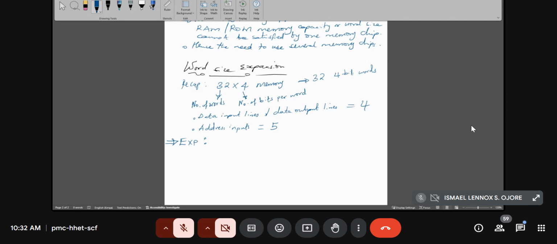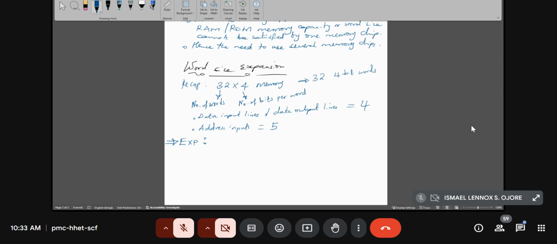So that would mean that you need 2 such 2x4 memories, so that you are able to store 8-bit words, and in that case you will still store that two words, but 8-bit in word size.